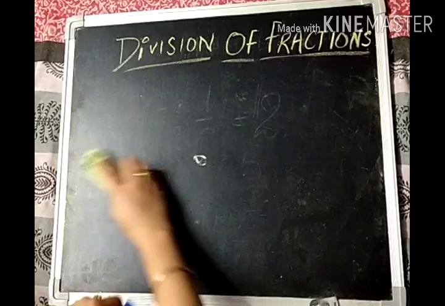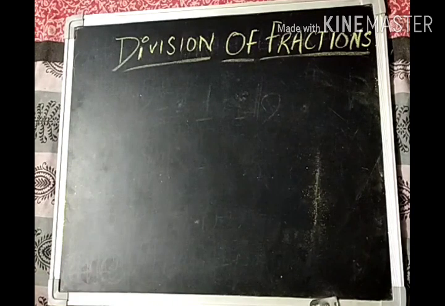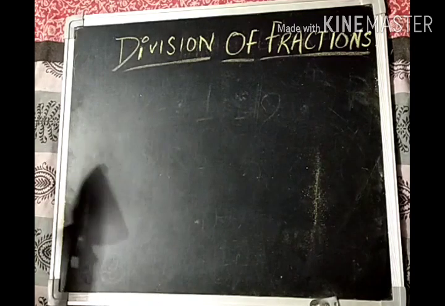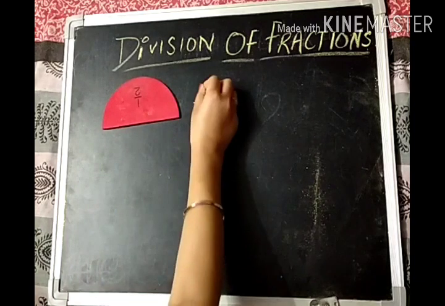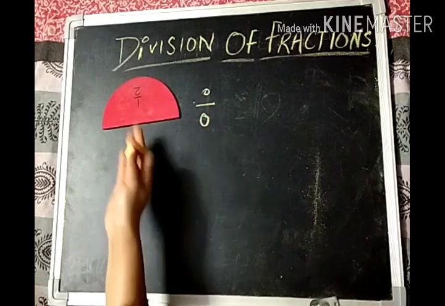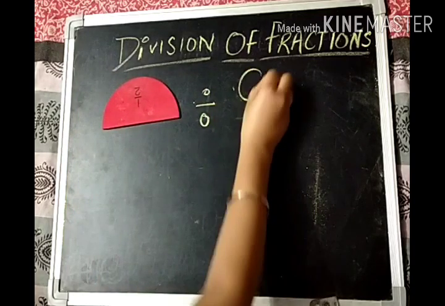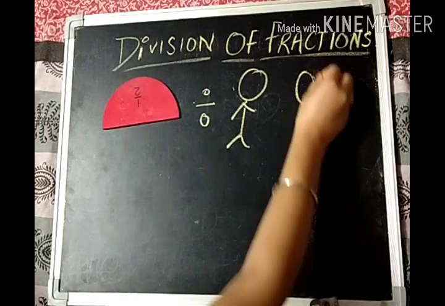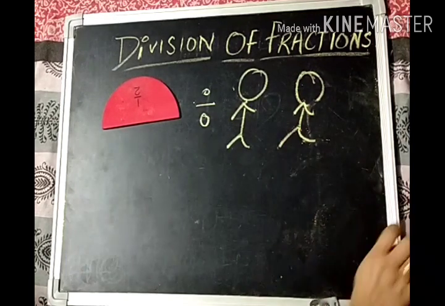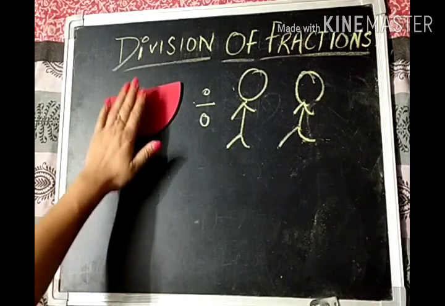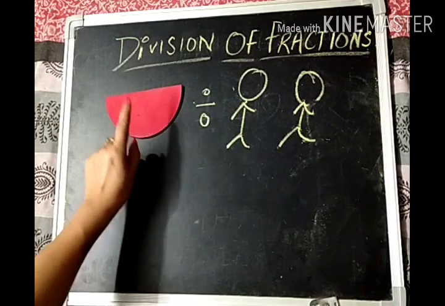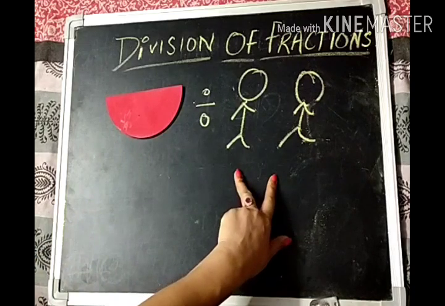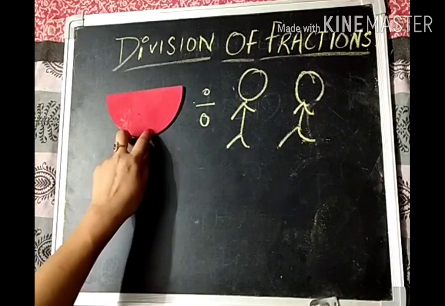Now look, there is a way. If I have half and I have to divide this half chapati, chocolate, pizza, whatever you want to imagine, among 2 people, what piece size will each get?